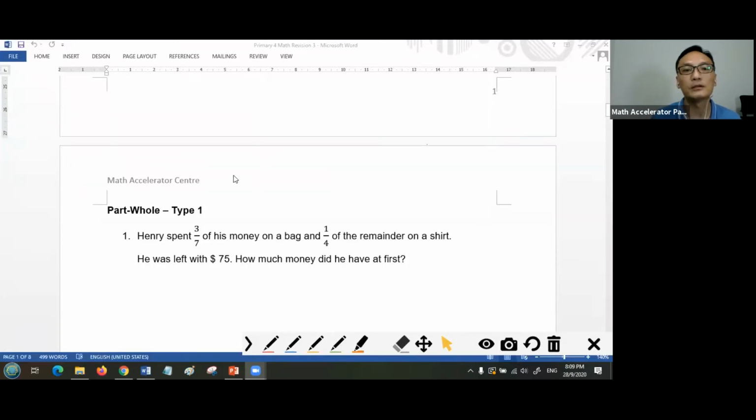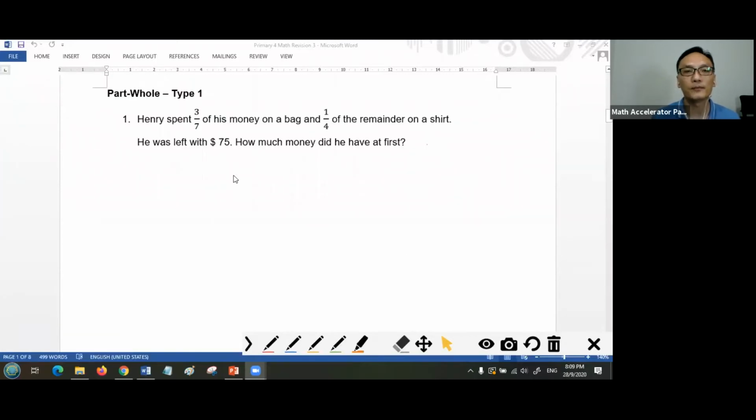So let me read. This is the first question. There are 3 questions in these strategies. I will read the question first before we solve it. Henry spends 3/7 of his money on a bag and 1/4 of the remainder on a shirt. He was left with $75.